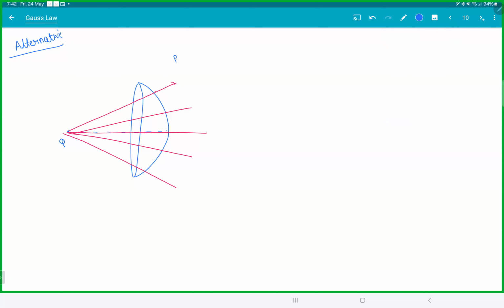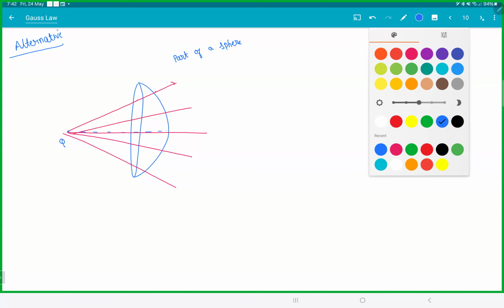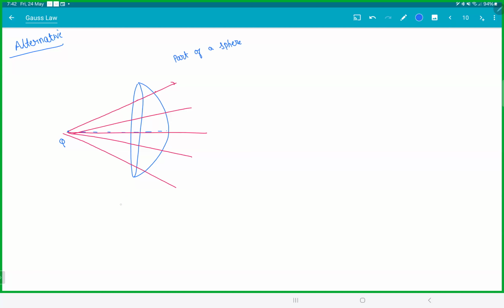This thing is a part of a sphere, isn't it? So basically, the flux through the disk will be equal to the flux through that curved surface area, since the number of lines is the same.